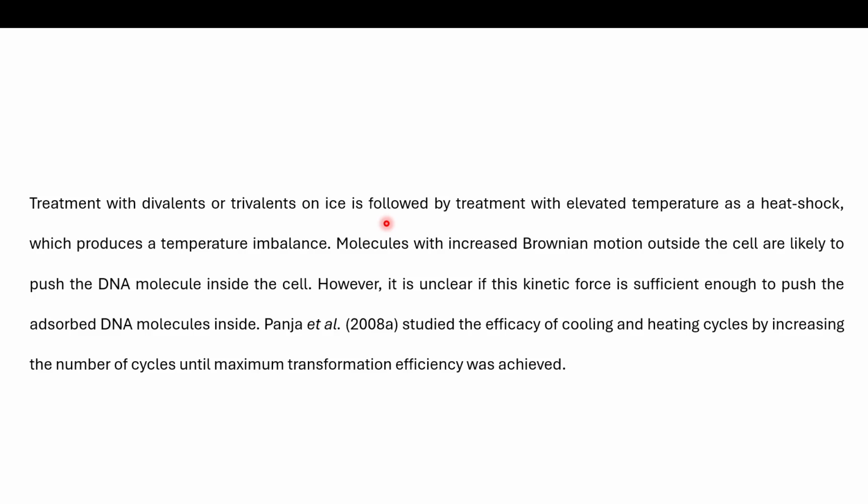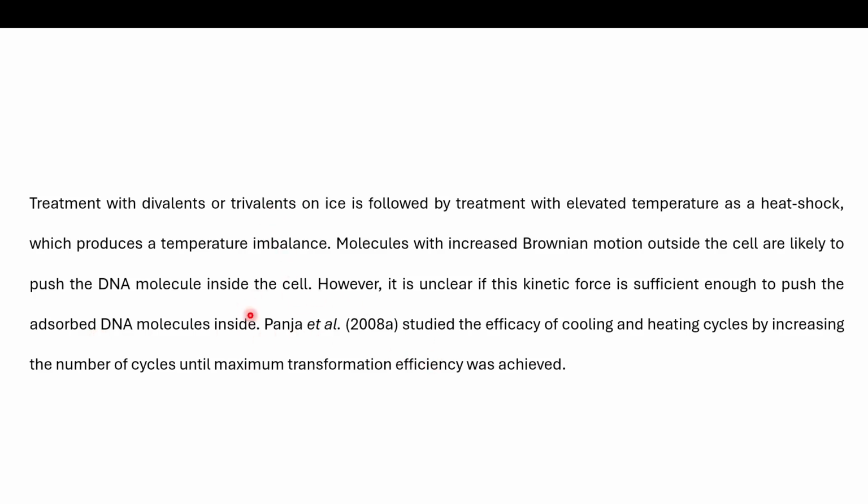So for 90 seconds there's a heat shock treatment given to the cells after adding the DNA, which produces a temperature imbalance. Now, molecules with increased Brownian motion outside the cell are likely to push the DNA molecule inside the cell. But however, it's still unclear if this kinetic force is sufficient to push the DNA molecules that were already adsorbed on the recipient's cell surface.